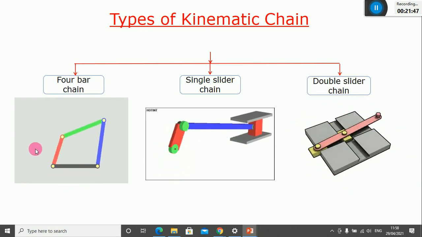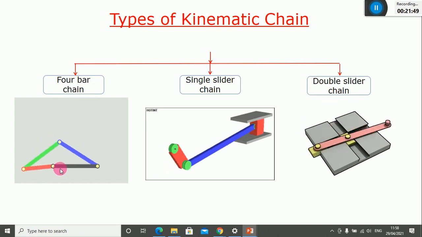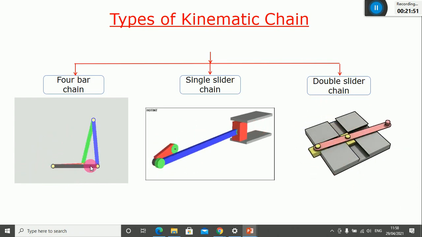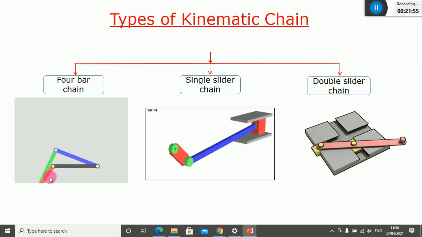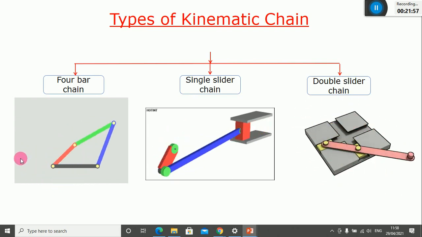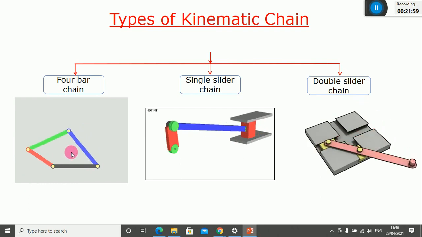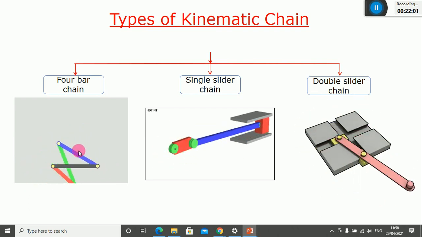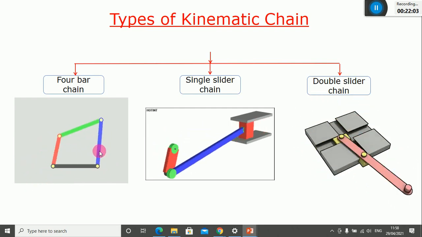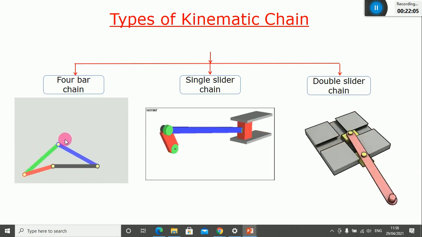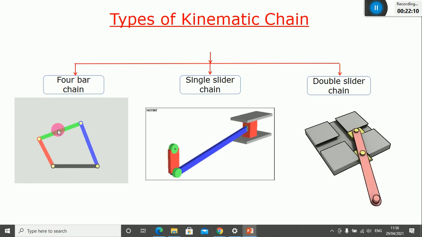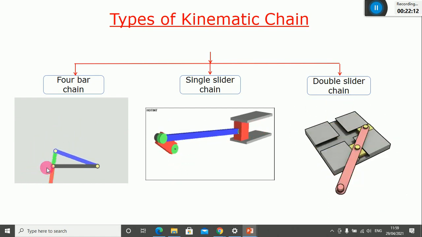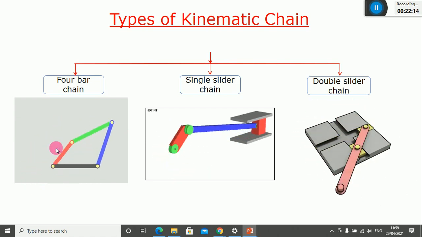Just remember, this black color one is called a frame, it is always fixed, and this red color is nothing but a rotary link. I can call this a crank, and this blue color is a rocker. It will be having an oscillating path, and between the crank and the rocker there is one more link. You can call it a connecting link or a coupler.